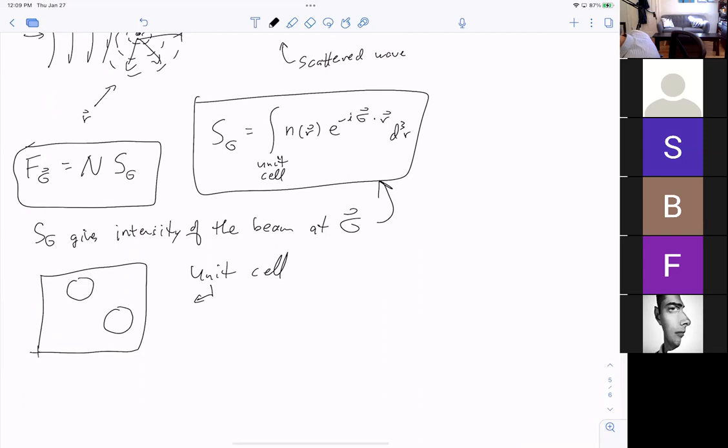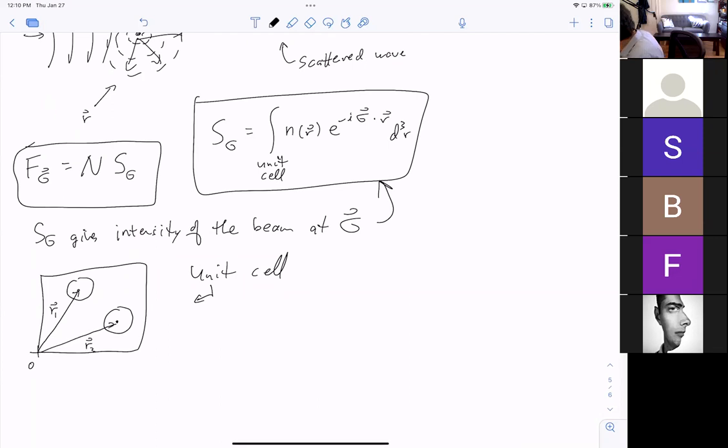Let's say that this is the origin, 0. Then I'll say that this atom is at R1, and this atom is at R2.